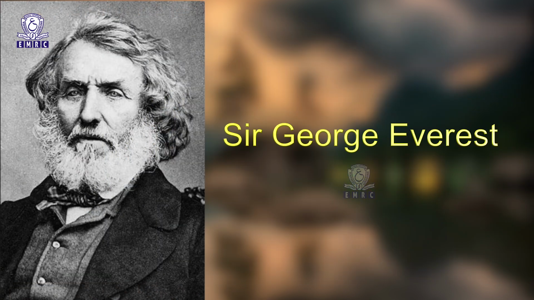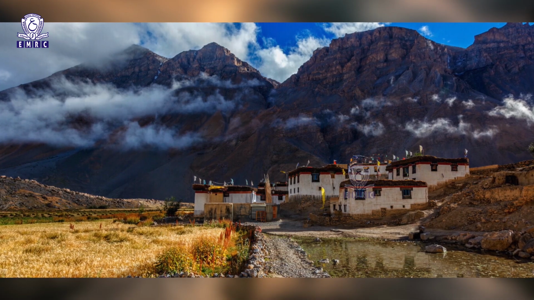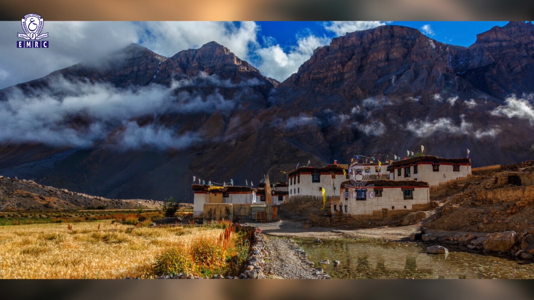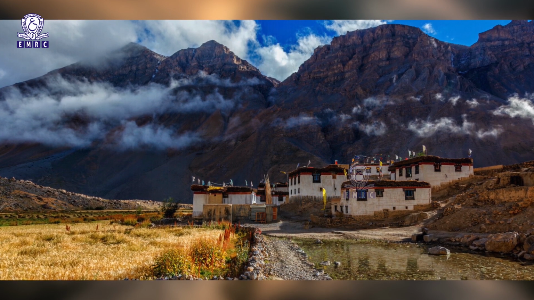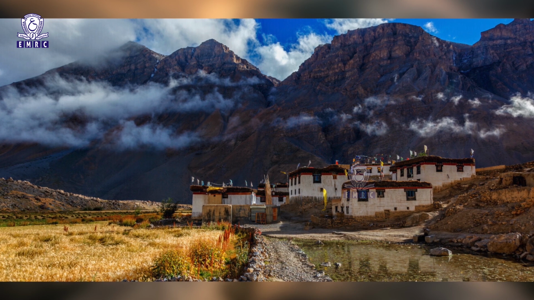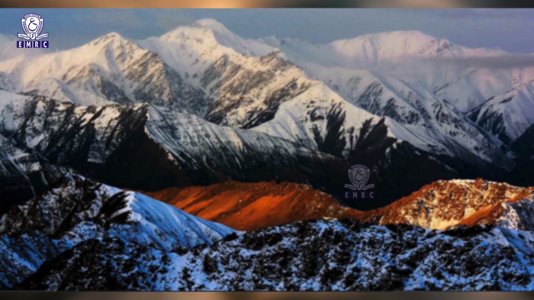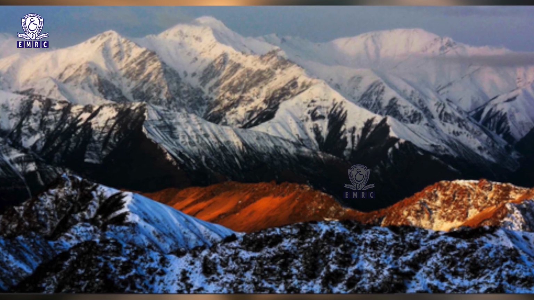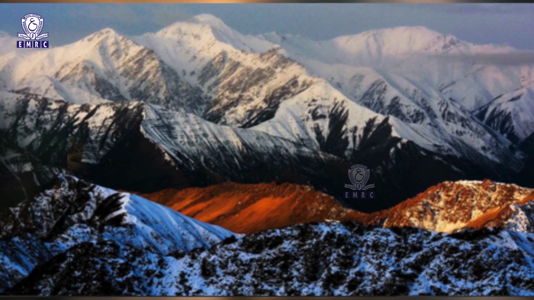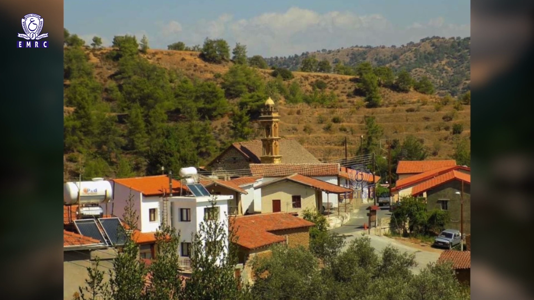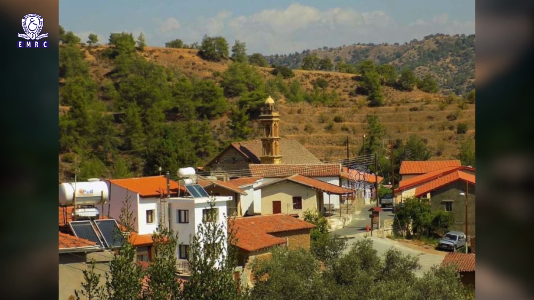For the determination of latitudes, under the supervision of Sir George Everest, the then Surveyor General of India, in 1859, the difference of latitude of Kalyanpur and Kaliana was determined by both the direct triangulation method and the astronomical method. Kaliana is located closer to the Himalayas than Kalyanpur, which is located 96 kilometers away from the Himalayas.